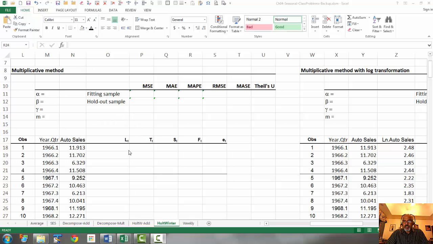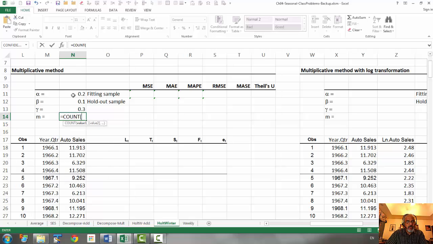Okay, now let's look at the multiplicative model. So let's start with setting up some initial values for alpha, beta, gamma, and m is 4.